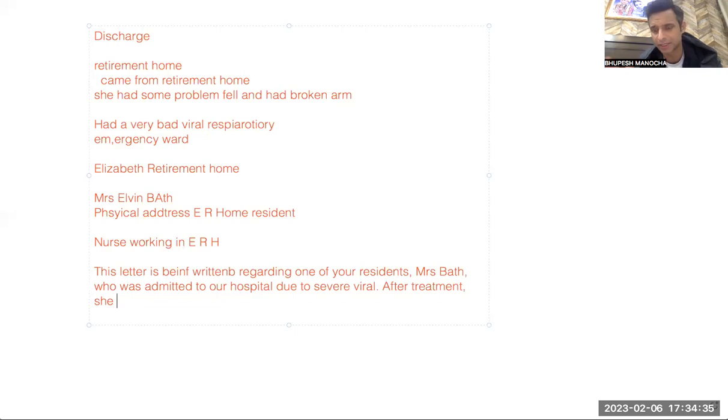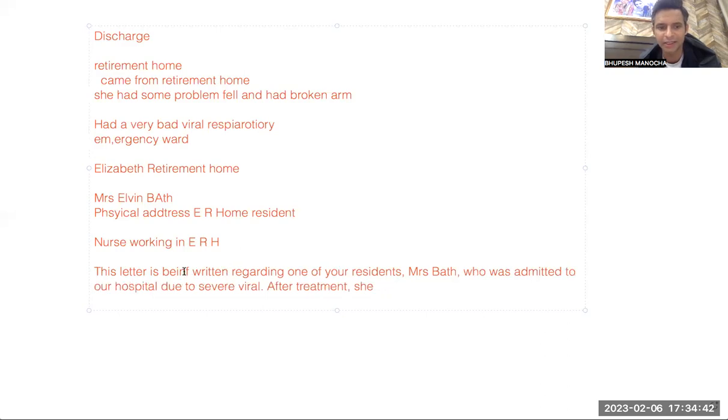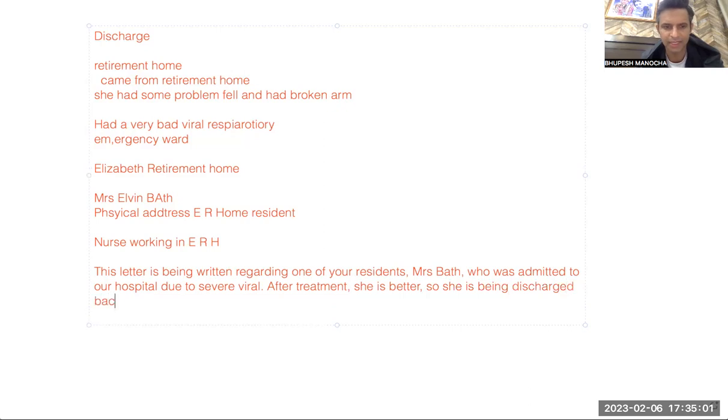Make it very simple: you are writing the first paragraph, you are just telling that I am writing this letter regarding your resident, and I mention the word Mrs. Bath, who was admitted to our hospital due to this reason. After treatment, she is better. So she is being discharged back to your retirement home. Simple.